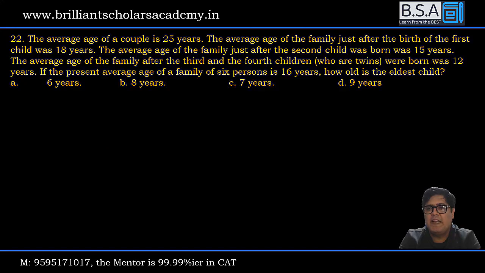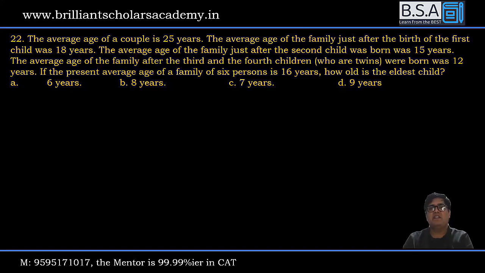थोड़ा टेढ़ा है लैंग्वेज में क्वेश्चन, but give it a shot. The average age of a couple is 25 years. The average age of family just after the birth of the first child is 18 years.